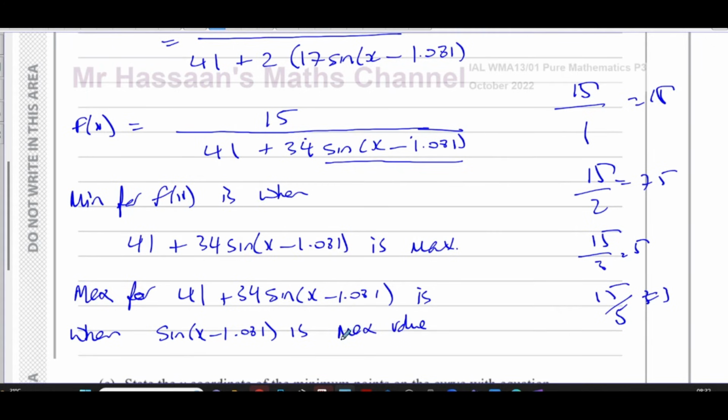Okay, when is this the maximum value? Well, the maximum value for the sine of any angle, as we know, the sine curve goes like this and like this. The maximum value of the sine of any angle is going to be 1.